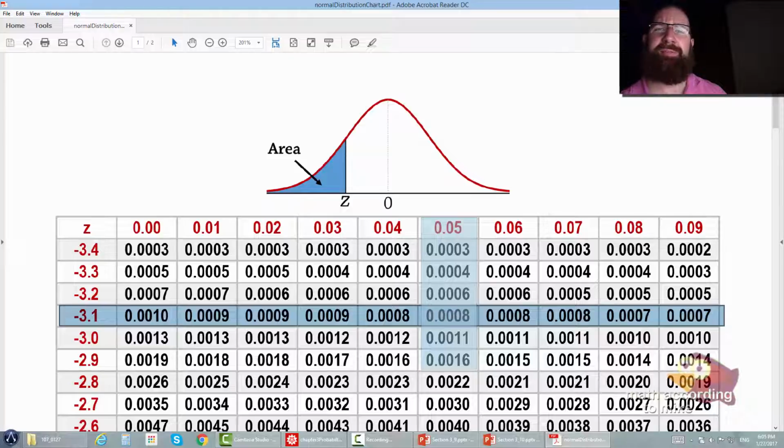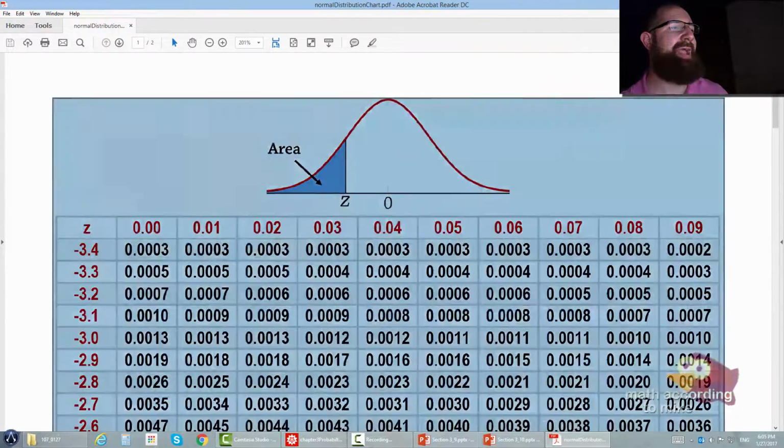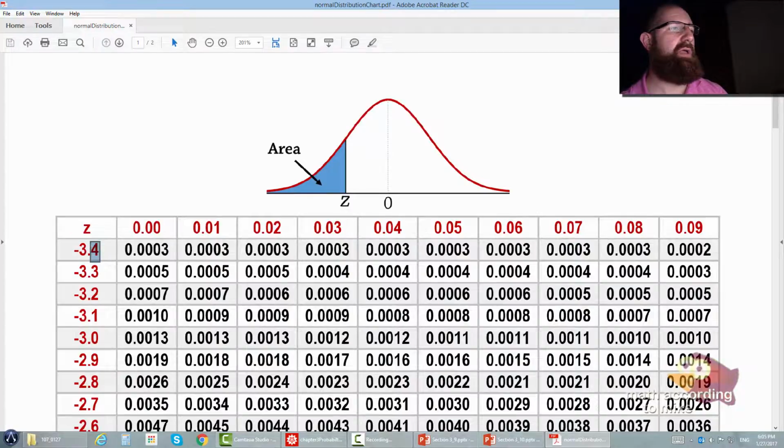And actually, now that I think about it, this chart is more accurate than the one that's in the video. We're going to go with this one. This one you'll be getting on your tests and everything because it's much easier to read, I think it is. So that's how you read it. The leftmost column shows the whole number and the tenths place. And up top is the hundredths place.